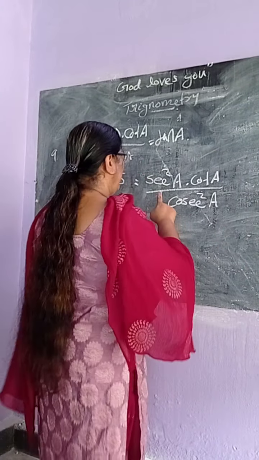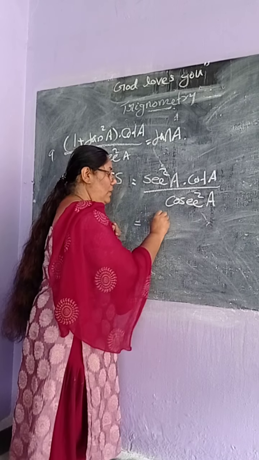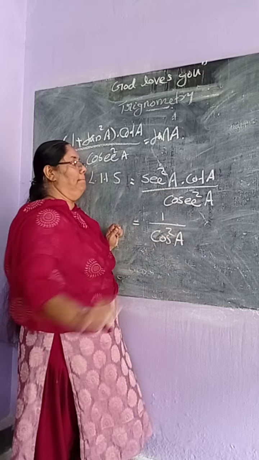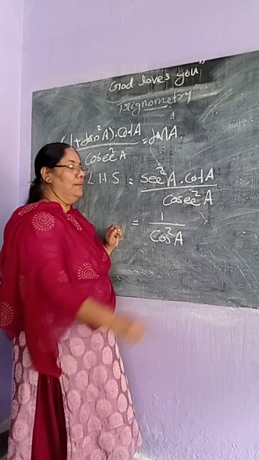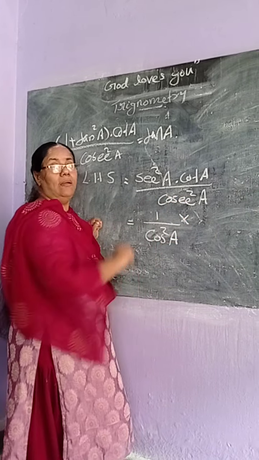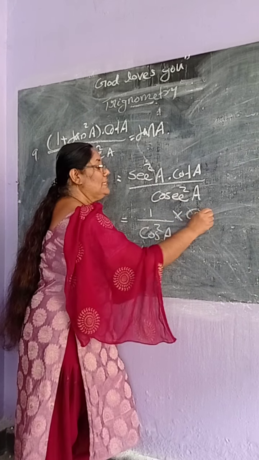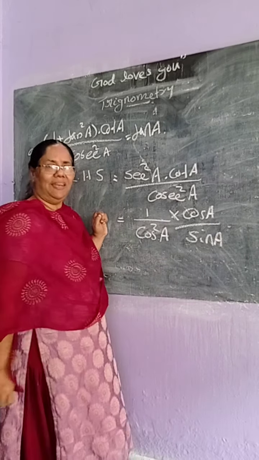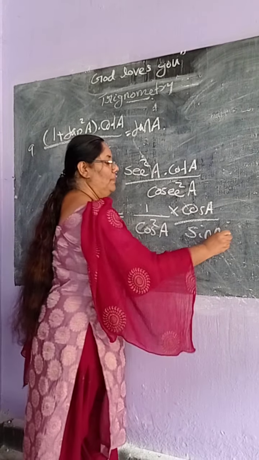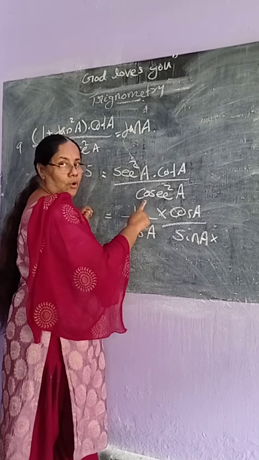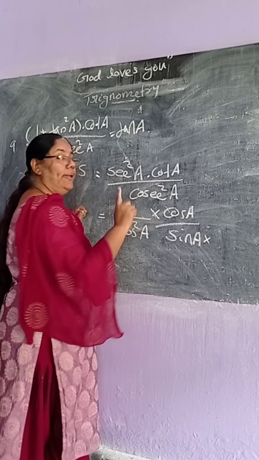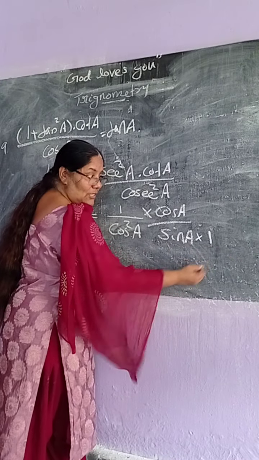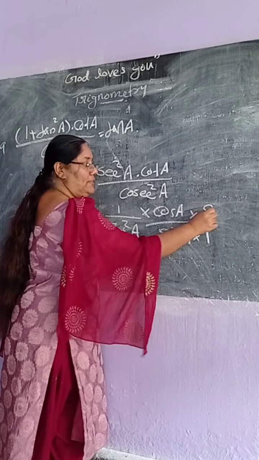Now, sec square A, how can you write? 1 by cos square A. Understand? Then cot A. What is cot A? Cos A by sin A. Agree? Into. Now, the denominator is changing. Cosec square A. What is cosec square A? 1 by sin square A. That comes in the numerator.